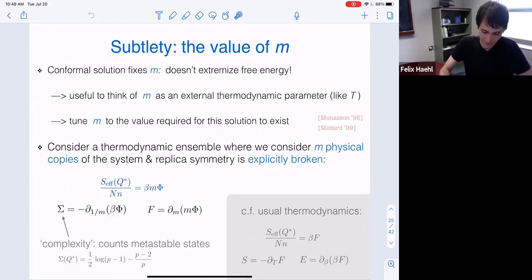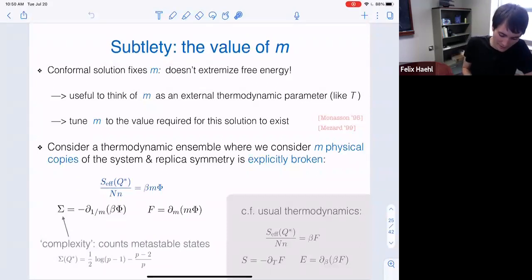I'm not sure this is super illuminating if you're not familiar with it, but it shows that the value of m plays a very important role, and there's a way to think about it in a thermodynamic sense, where m is a free external parameter.